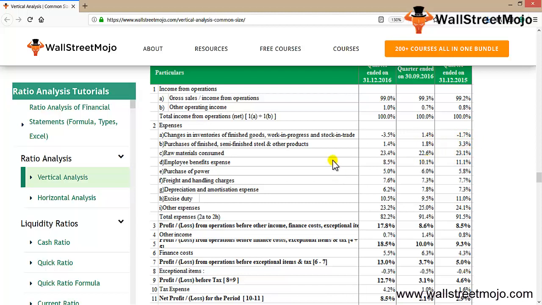Employee cost has reduced from 11% in December 2015 to 10.1 and then 8.5. Now the power cost too has reduced from 6 to 5%, and the total expense reduced considerably, from close to 91.5% in December 2015 to around 82% in December 2016. Even the tax expense has increased three times, from 1.6% in 2015 to close to 4.2%.